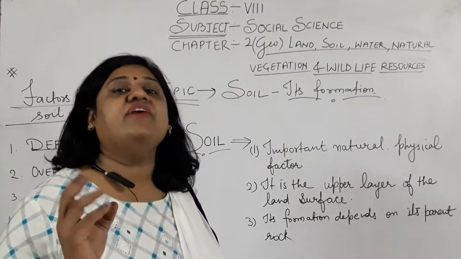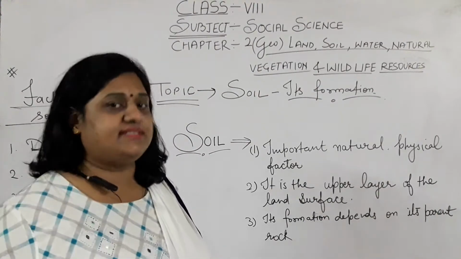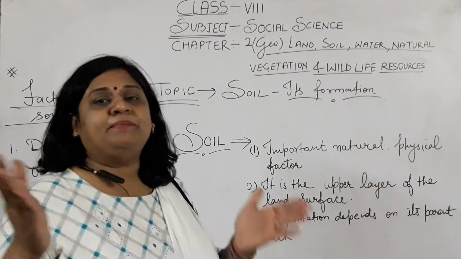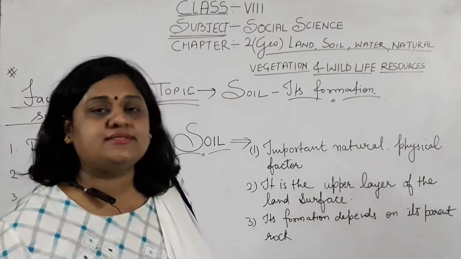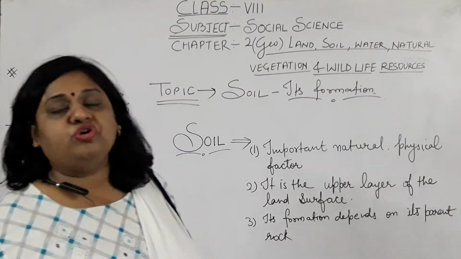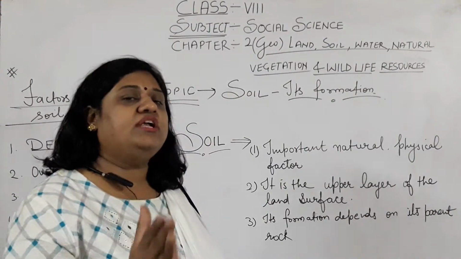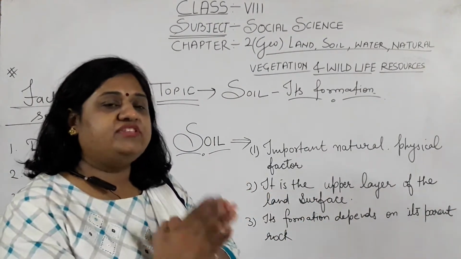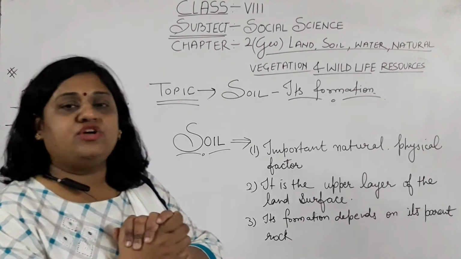And because of heavy rainfall, heavy snowfall or the blowing of heavy winds, the particular fragment breaks down, and because of rivers or fast-blowing wind, those particles keep on rolling. See children, only the weaker part breaks, because the harder part of the rock does not break.